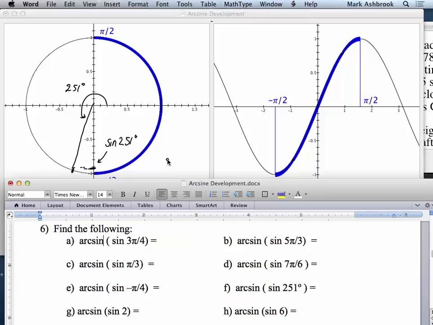How'd you get that? Well, because it can't be 251 because it's outside our domain. So we need this angle that'll give us the same vertical distance from the horizontal diameter, but within our domain. And how do you figure that out?